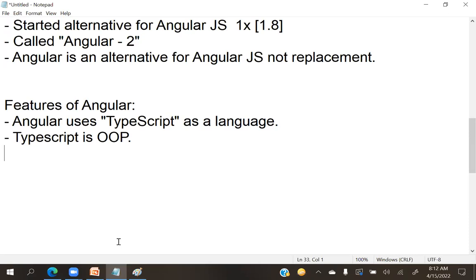That means in future, you can expect TypeScript to be used as a client-side language instead of JavaScript. We don't know how it will happen because a lot of testing is still needed. Browser compatibilities need to be tested, but they were successful in running TypeScript directly on the browser. That's a great revolution. In future, there may be no more JavaScript if TypeScript is successful in every aspect. That is a very revolutionary step.